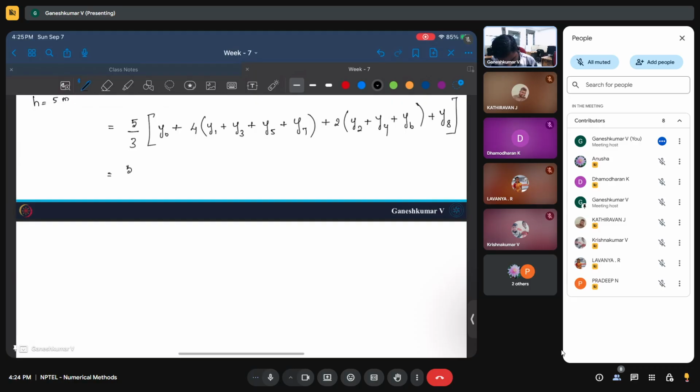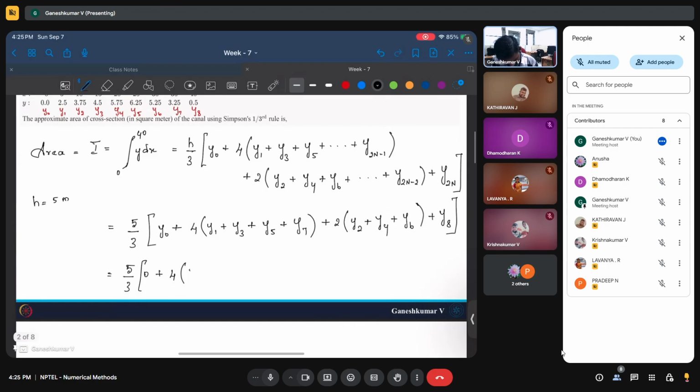That is going to be 5 by 3, y naught is 0, 4 times, what is y1, 2.5, 4.5, 6.25 plus 3.25, plus 2 into y2, 3.75 plus 5.75 plus 5.25, and finally you have 0.5.